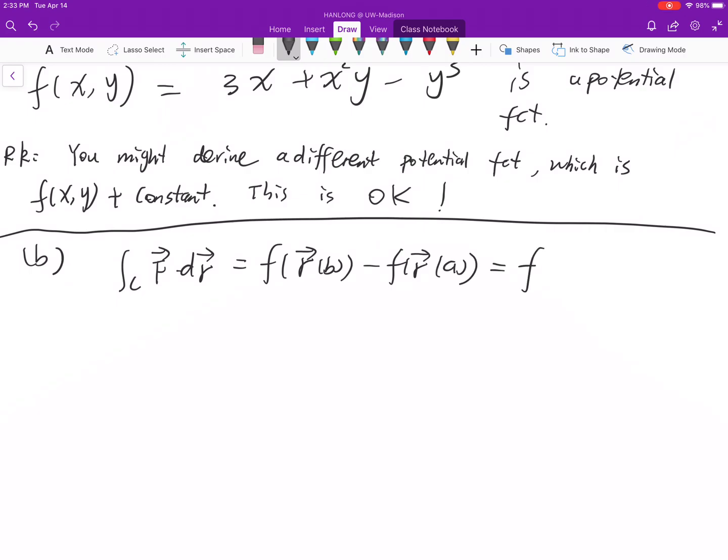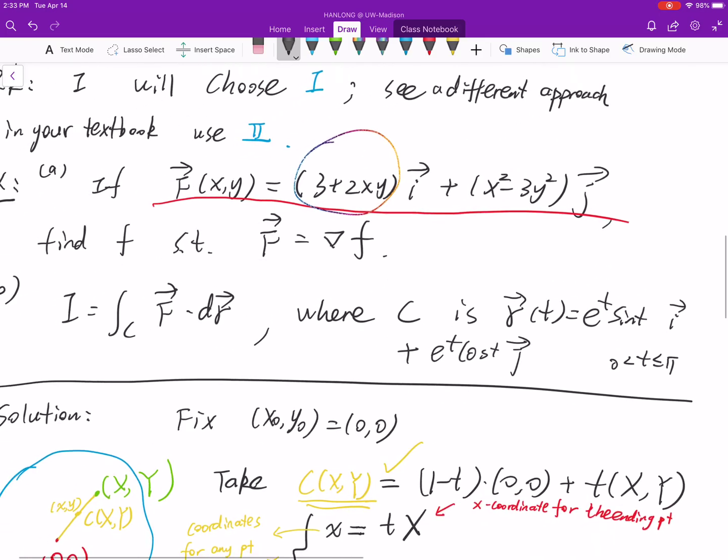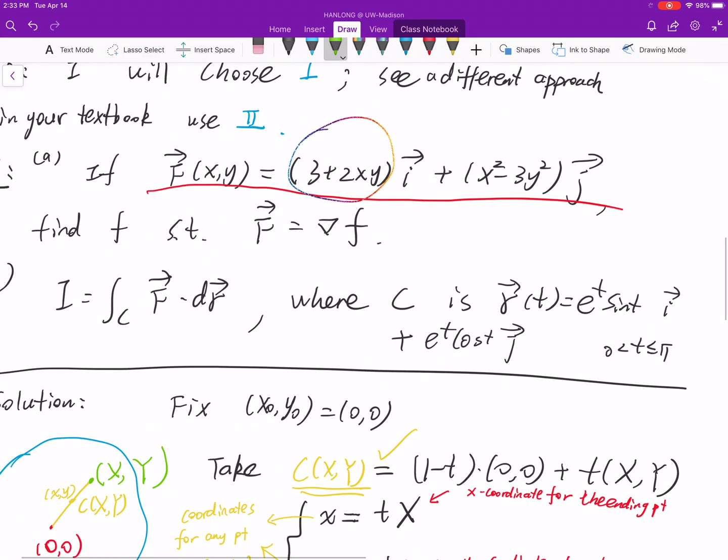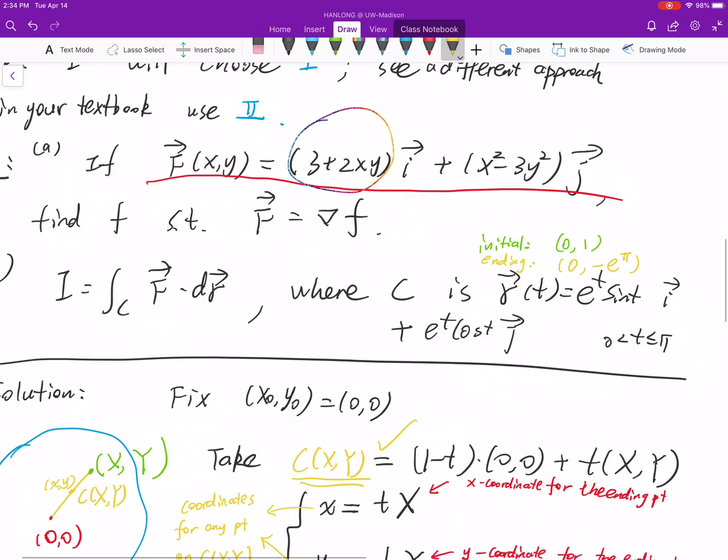And notice that for our curve B, the initial point is when t is 0, so it's 0, 1, and the ending point is when t is pi, so e to the pi sine pi, which is 0, and negative e to the pi.